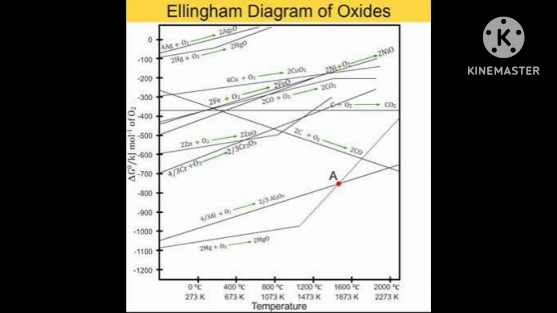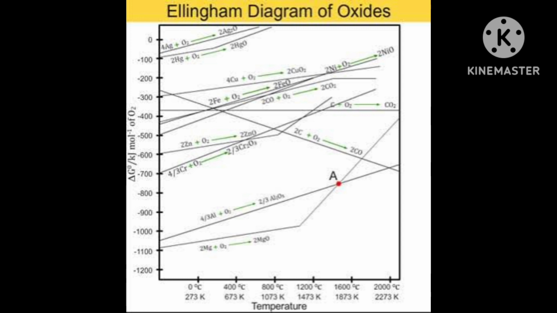First point: the Ellingham diagram normally consists of a plot of standard delta G versus temperature for formation of oxides of elements.